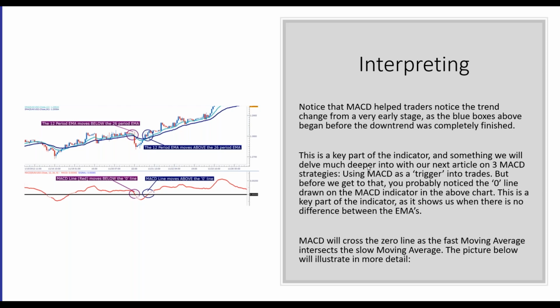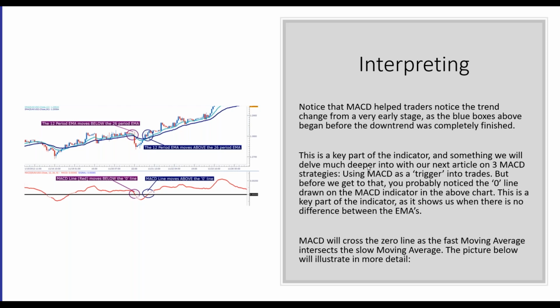This is a key part of the indicator and something we will delve into deeper: using MACD as a trigger into trades. But before we get to that, you probably noticed the 0 line drawn on the MACD indicator. This is a key part of the indicator as it shows us where there is no difference between the EMAs.